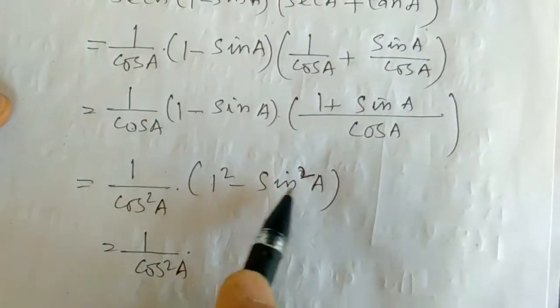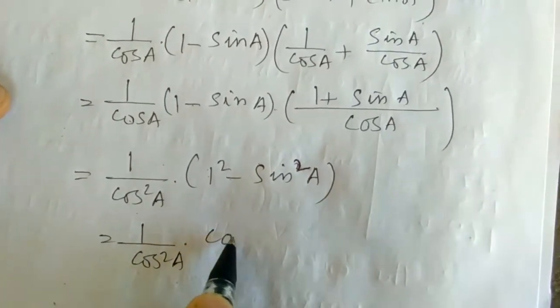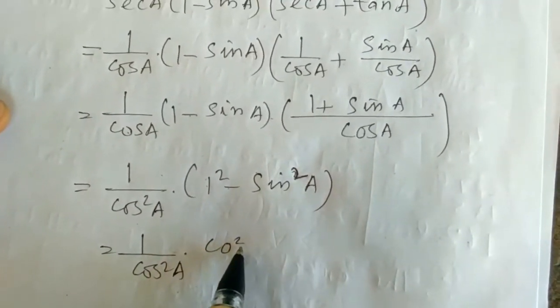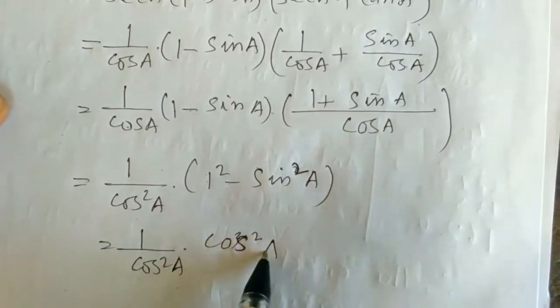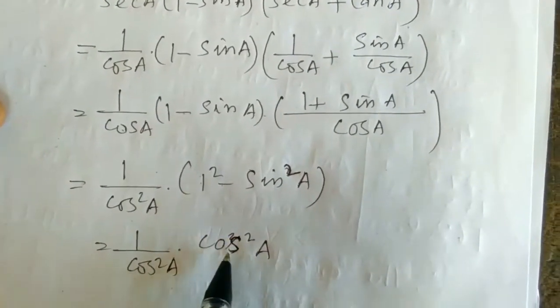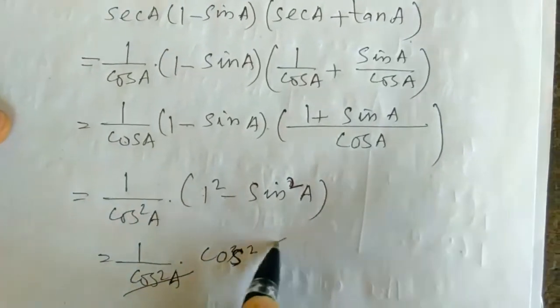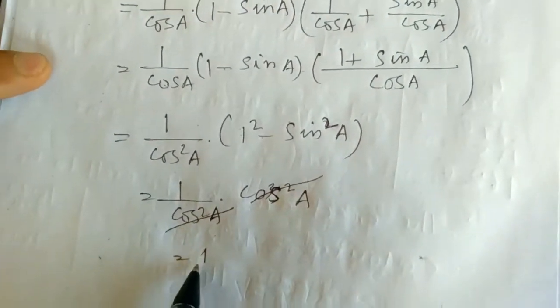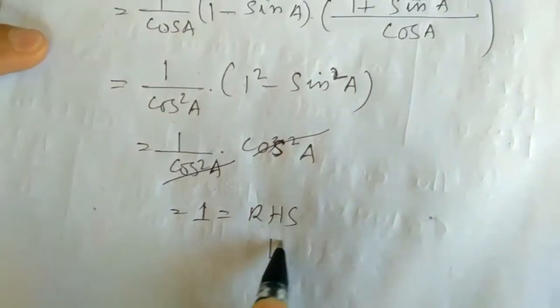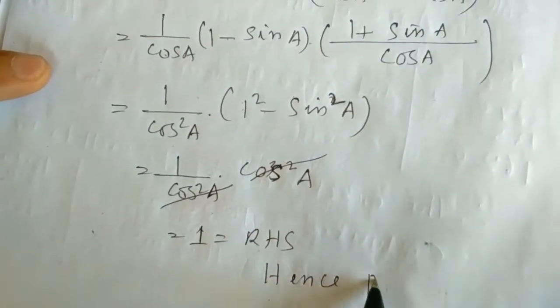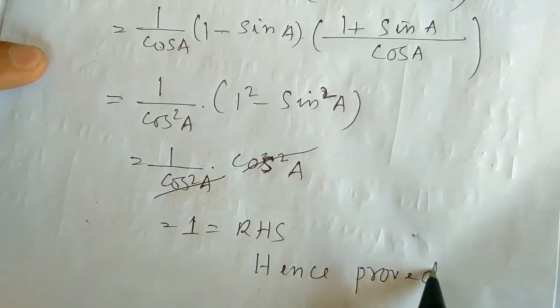So here 1 minus sin square a equal to cos square a. Alright, cos square a. Cos square a will cancel. So what remains? 1 equal to right hand side. Hence proved. P-R-O-V-E-D. Hence proved.